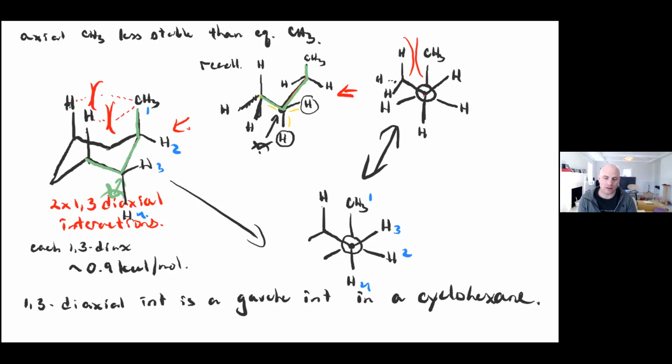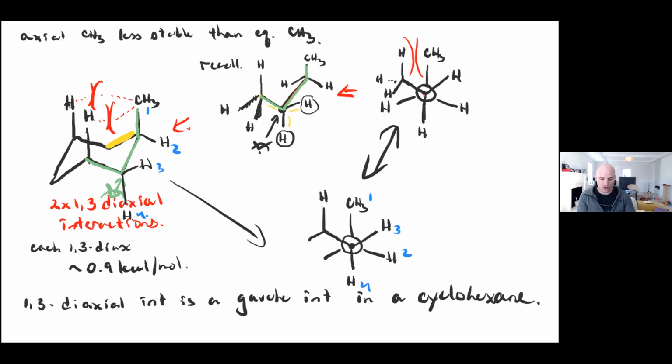So I only drew one, and I'm only going to draw one, but you should convince yourself that if you look down this bond here in the back that I colored in yellow, you can draw another Newman projection looking down that bond and identify another gauche interaction.